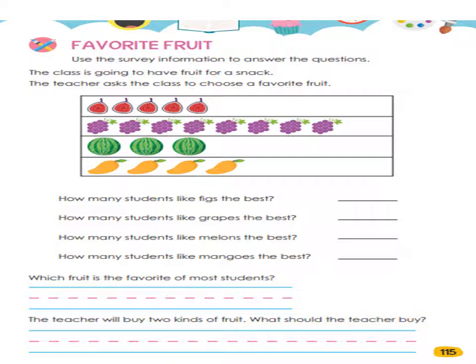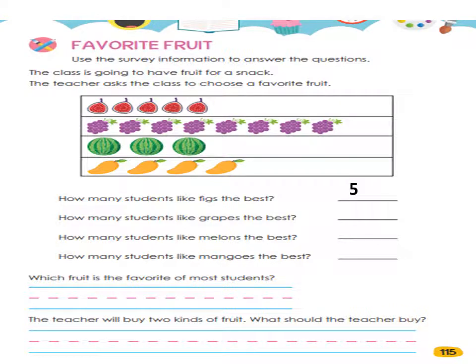Okay, we have some questions to answer from this graph. How many students like figs the best? So I will count the figs. 1, 2, 3, 4, 5 figs. This means that 5 students choose the figs.